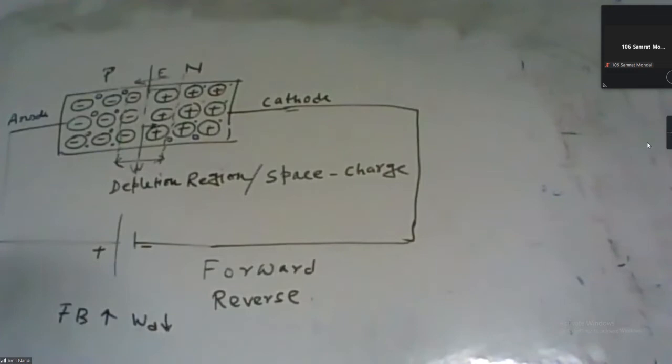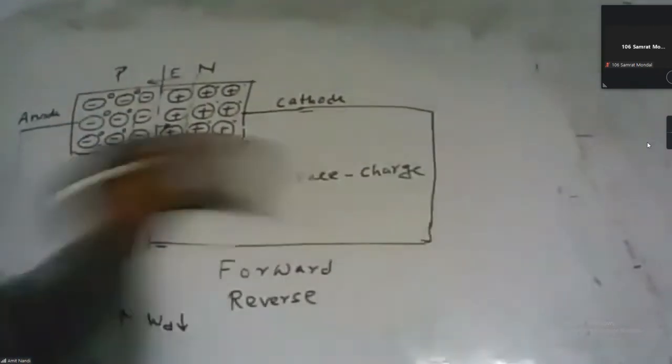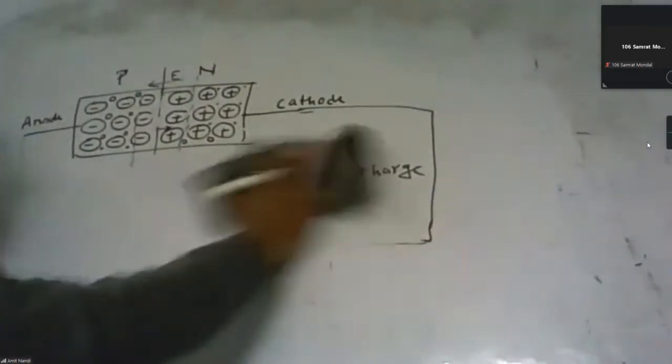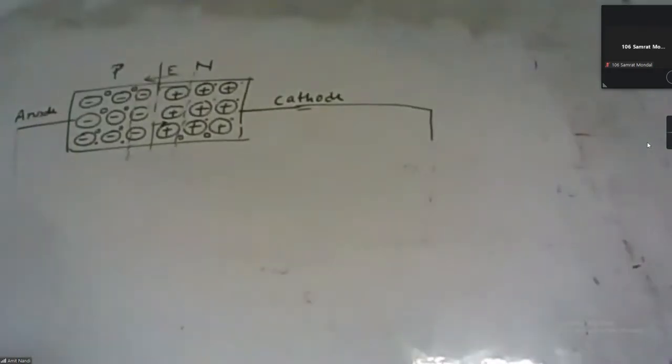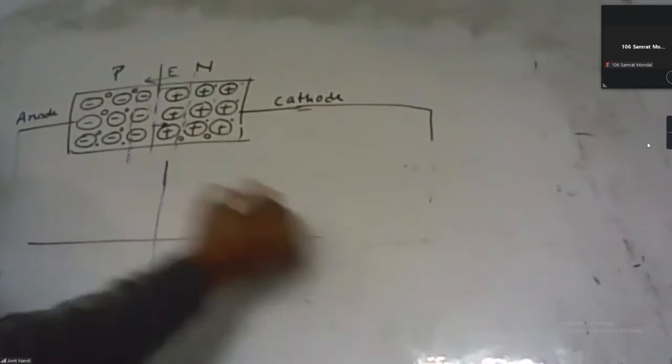If we draw the VI characteristics of the diode, the voltage-current relationship of the diode, then the diagram looks like this.